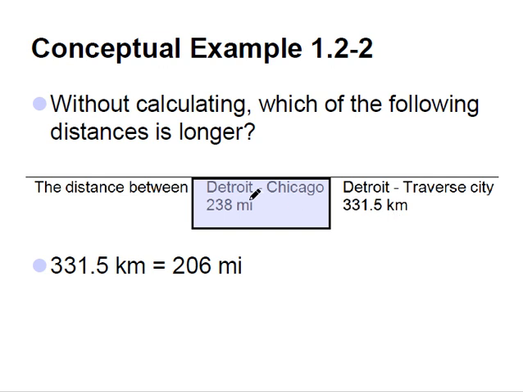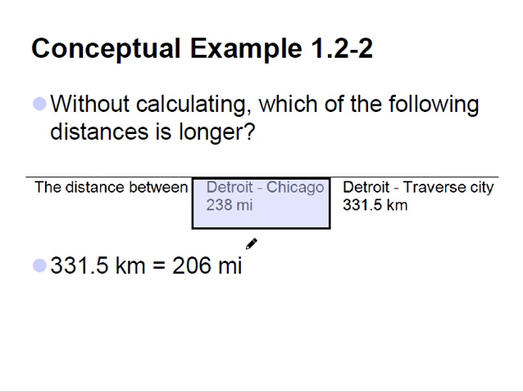So this is from Detroit to Chicago, and that's like 238 miles. And we have from Detroit to Traverse City is 331.5 kilometers. Different unit, so we're going to use a conversion. So 331.5 kilometers is actually equivalent to 206 miles.